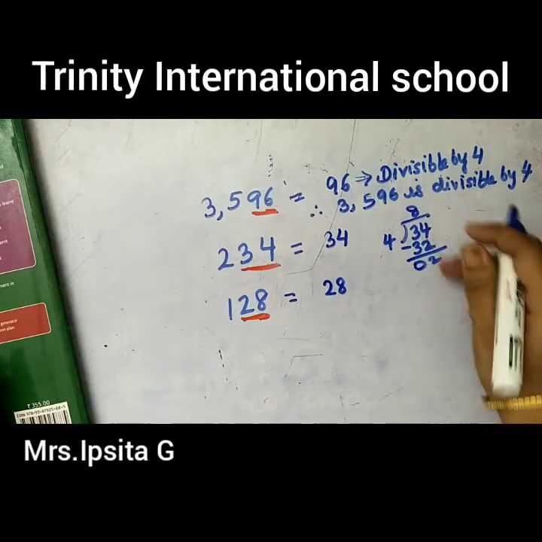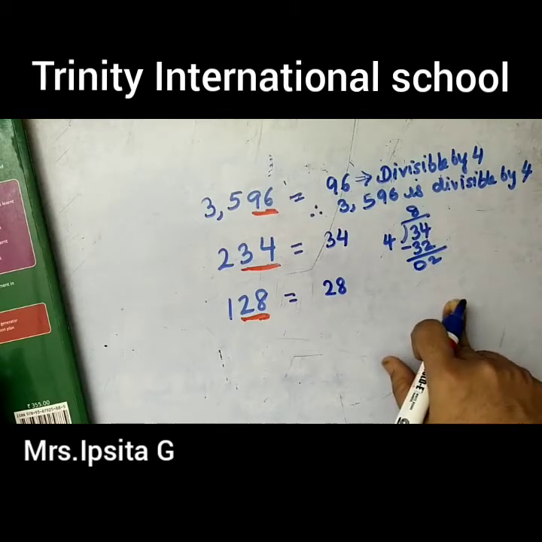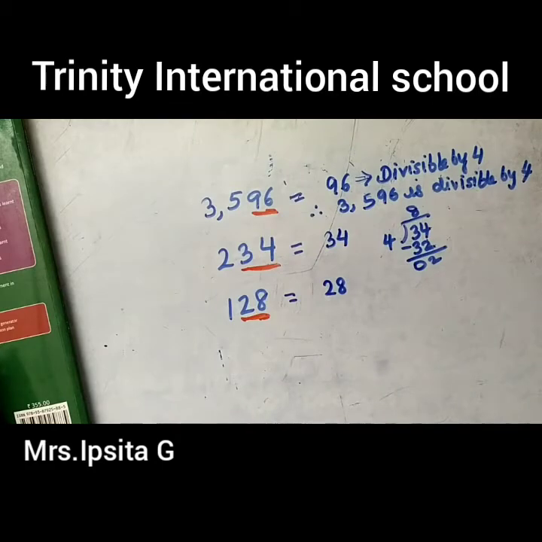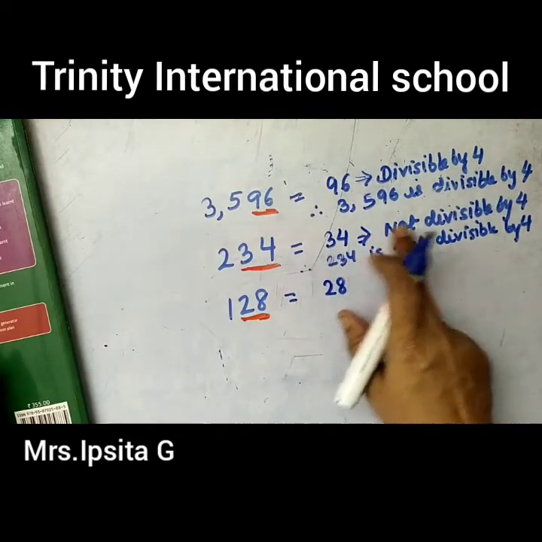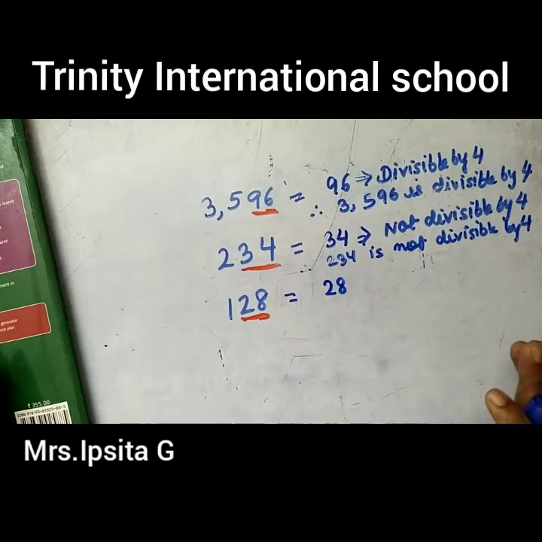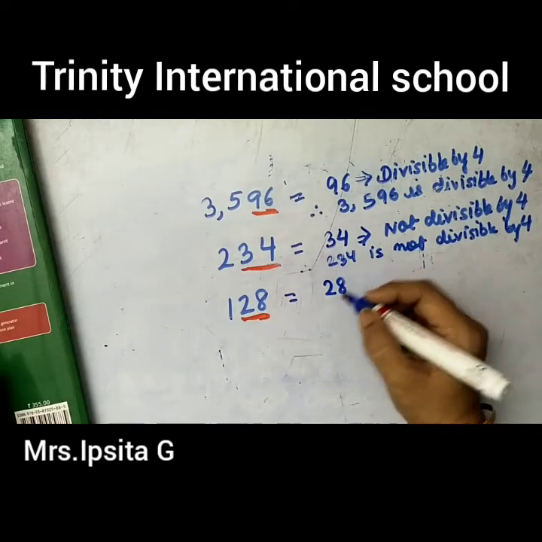Now you are not getting remainder as 0. Isn't it? So आप यहाँ पर बोल सकते हो not divisible by 4, therefore 234 is not divisible by 4. Okay, so this is how you need to find out.